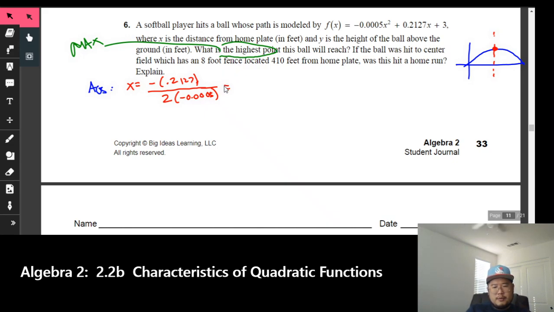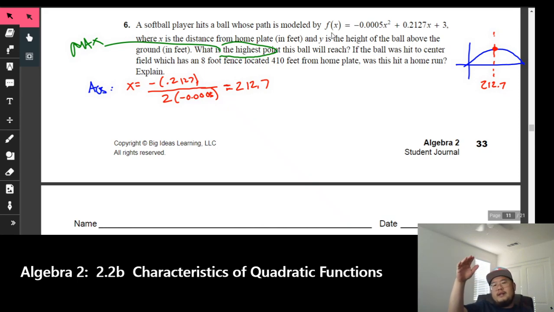I believe this is approximately 212.7. So what I figured out is that it is at 212.7 feet out. That is how far it is for the vertex, or at least the axis of symmetry.